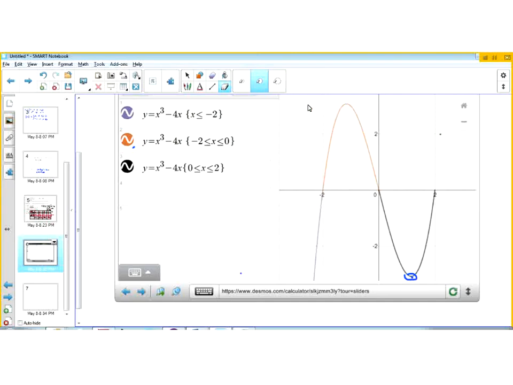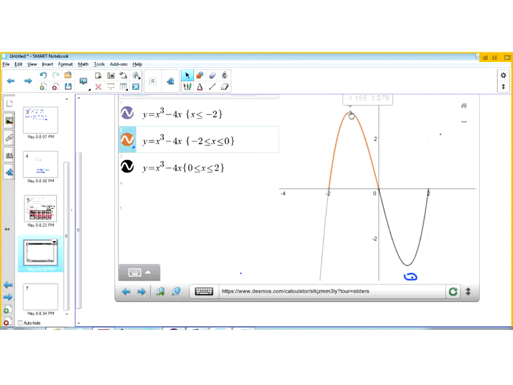Well, I guess we could use our point identifier tool to actually get it precisely. So let's see here. What is it saying? Yeah, negative 1.155 and 3.079.